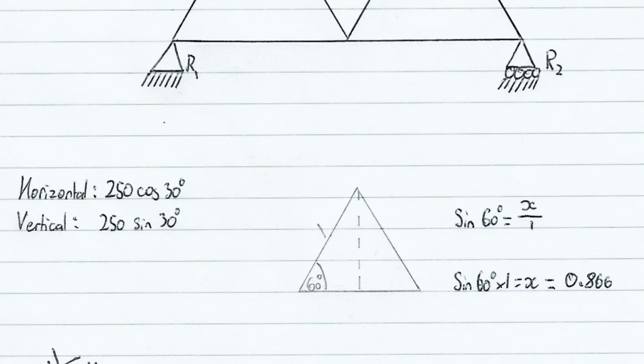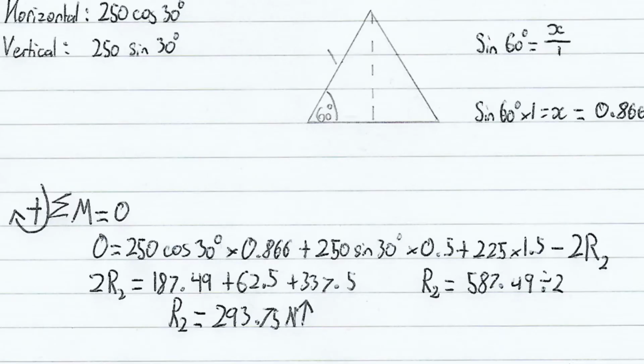In this case, x is equal to the perpendicular distance of the horizontal force to the fixed pin joint. When we rearrange the formula and plug it into the calculator, we can see that the perpendicular distance is 0.866 meters. Now that we have the perpendicular distances of all the forces, we can begin taking moments.